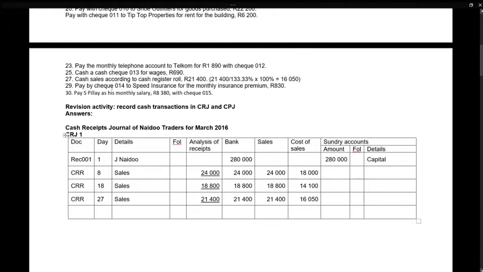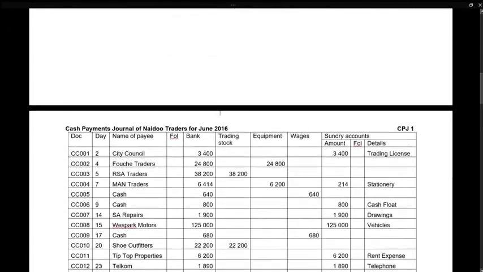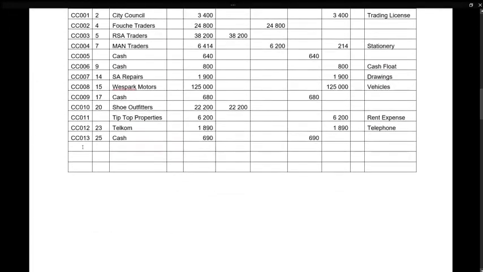Pay by check 014 to Speed Insurance for the monthly insurance premium, 830. Right, so check counterfoil 014.